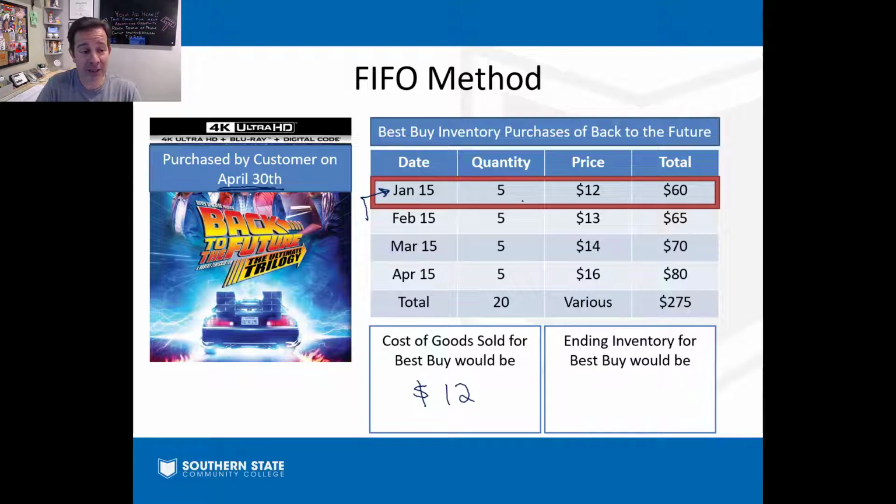After that sale, they've only got 4 left in quantity from that first group. Total is now 48. So we add up the new totals there, 48, 65, 70, and 80. The ending inventory, let me get my calculator here, would be $263.